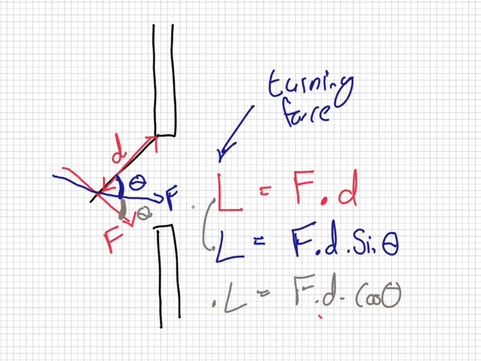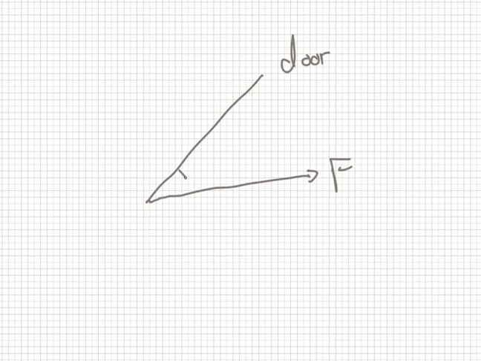Will I draw it again? Yeah, I think I'll draw it bigger. Alright, so this is the door, and then this is the force. If I measure the angle here, the formula would be F D sine theta.